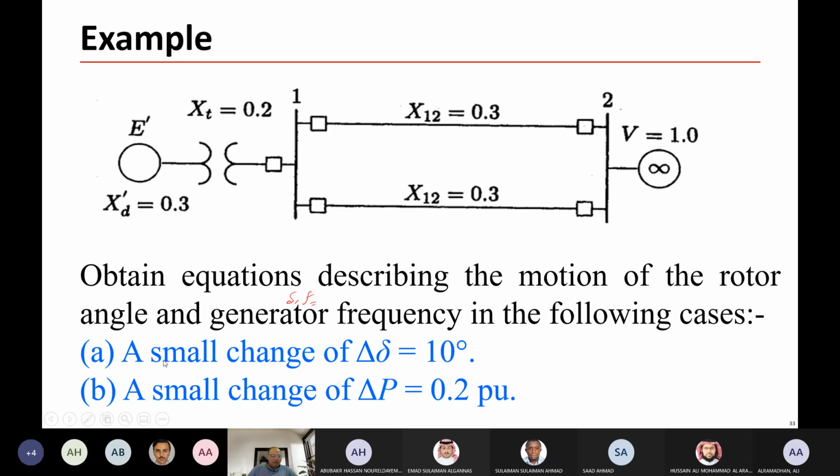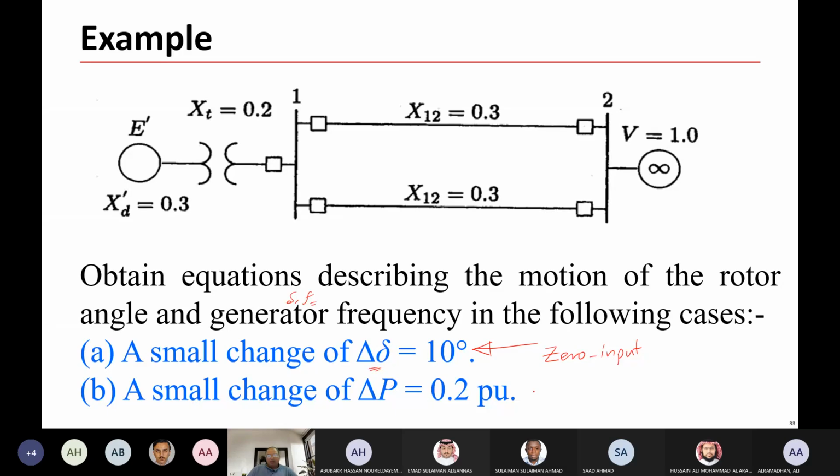So in the following cases: first, if we have a small change of delta equal to 10 degrees, this is zero input response. There is no change in mechanical power.